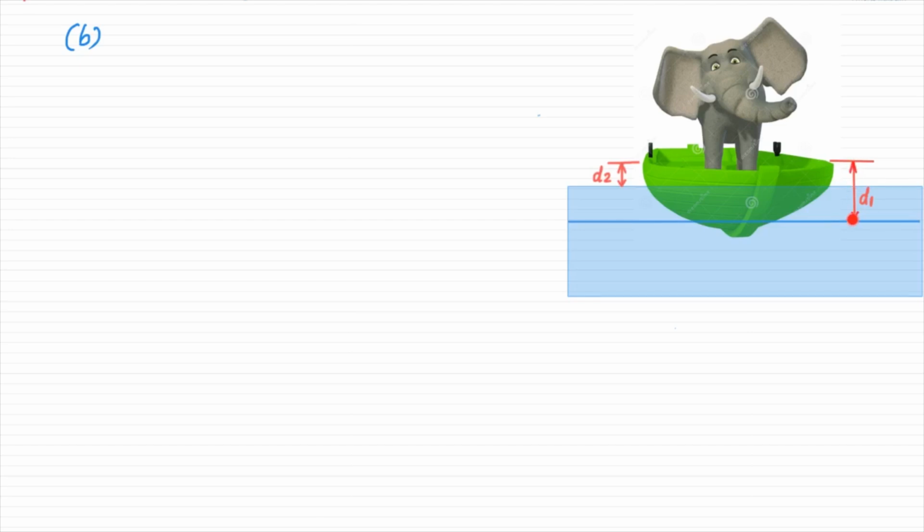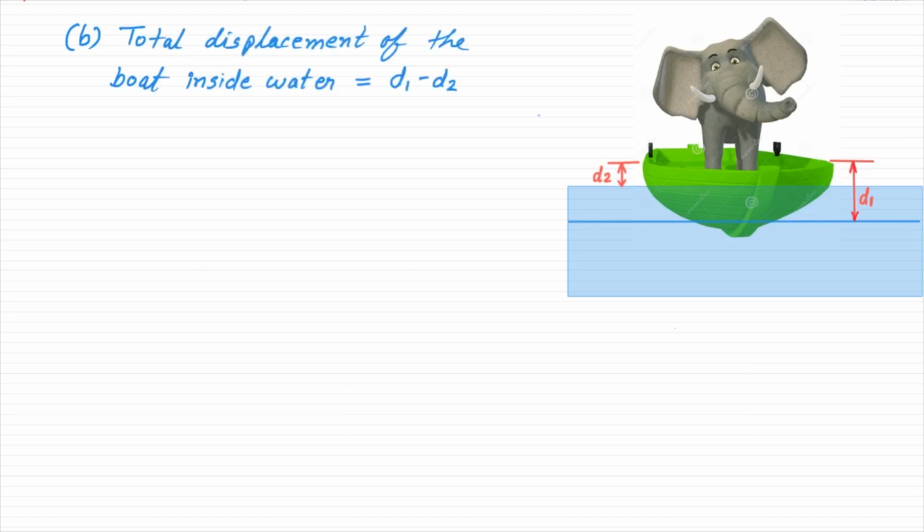Initially d1 was the height of the boat outside the water, and now d2 is the height of the boat outside the water. Now total displacement of the boat inside water is d1 minus d2.